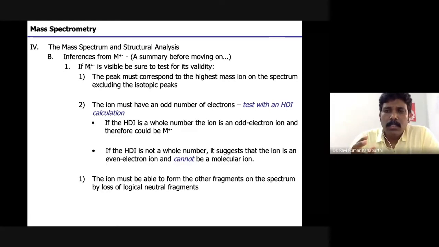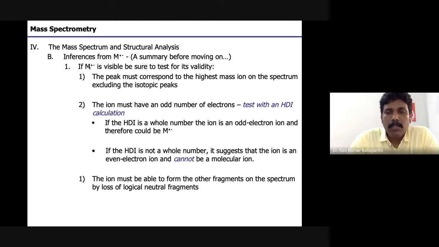Then you can apply the rule of the hydrogen deficiency index. Try to see whether, if you are suspecting some peak as an odd electron species, and it is a molecular ion peak, then it should have an odd number of electrons. That is one thumb rule you can apply to find out whether a particular peak has odd electrons or even electrons.